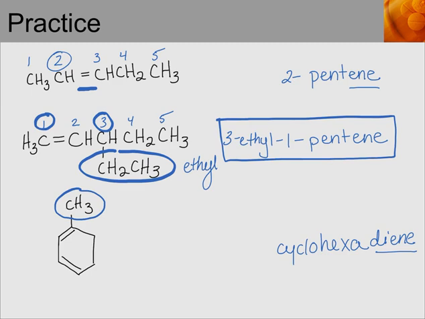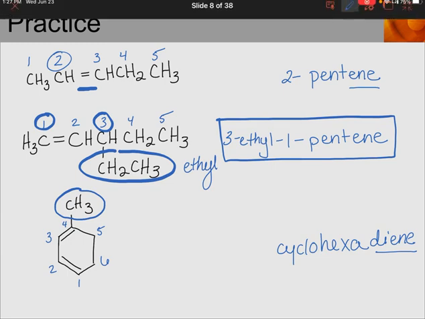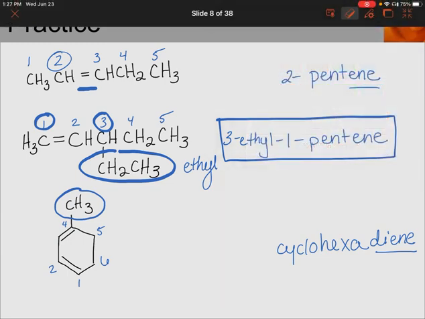So for example, let's say we start at the bottom and just start numbering around the ring. Okay, so the double bonds would start at carbons 1 and 3, so those are low numbers for them. But the methyl group is at position 4. And we want to make sure it has the lowest number possible. So a better way to number this, see if I can number it without erasing everything.